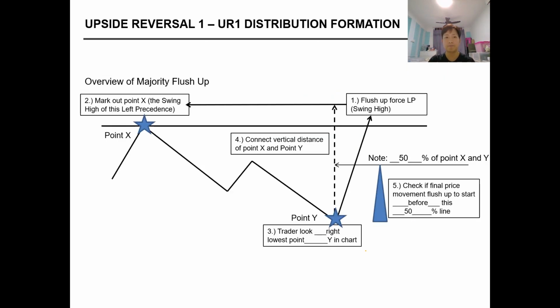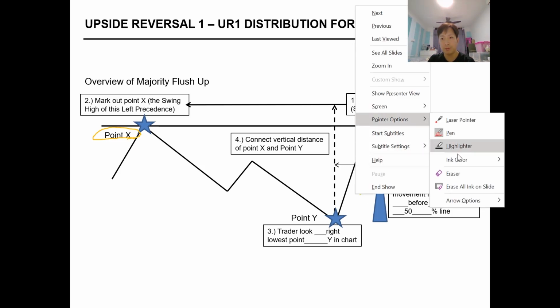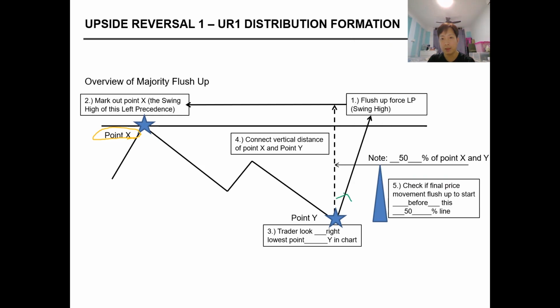Let's say you identify a possible LP level on the left of the chart, which is that point Y. So let price rally. I'll probably draw in green. Price rally, right?